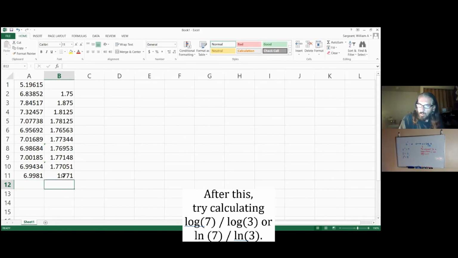So instead of going halfway in between the last two, because those were both too low, you go halfway in between this one and this one. Which both started off with 1.771.